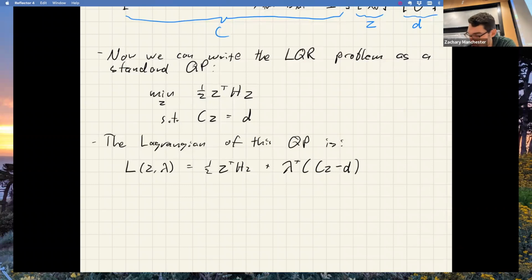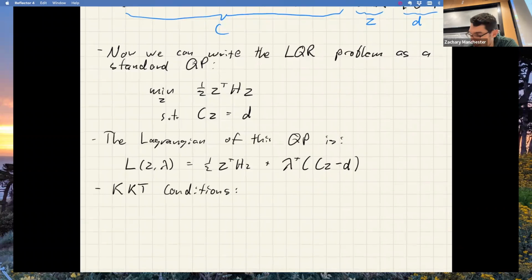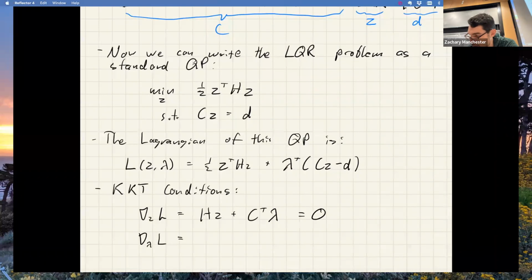We just set all the gradients equal to 0. So we get the gradient of the Lagrangian with respect to Z is going to be HZ plus C transpose lambda. And this has to be 0. And then we get the gradient with respect to lambda is just the dynamics constraint back again. So CZ minus D equals 0.